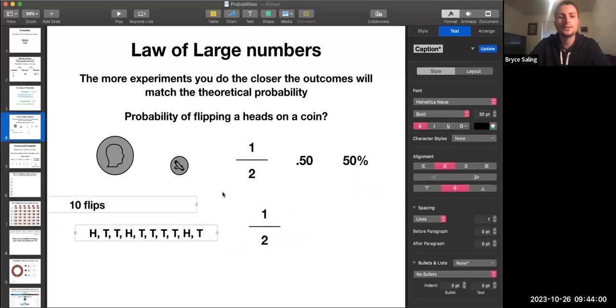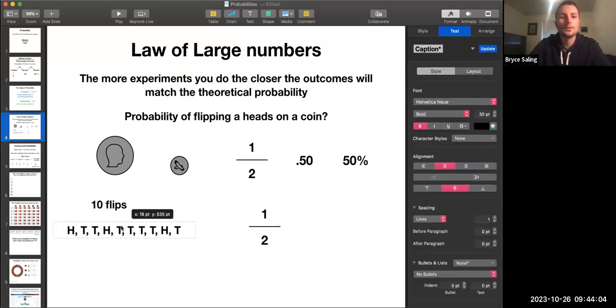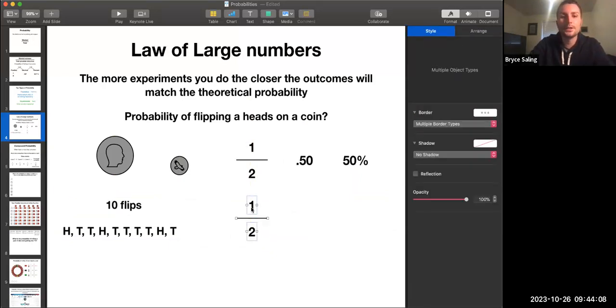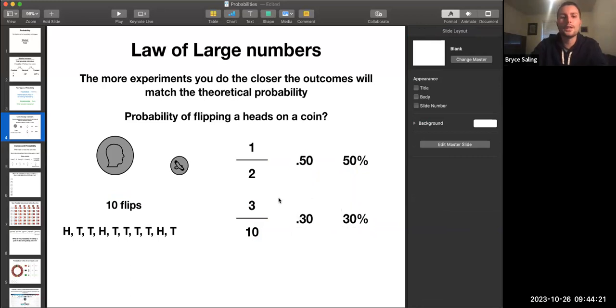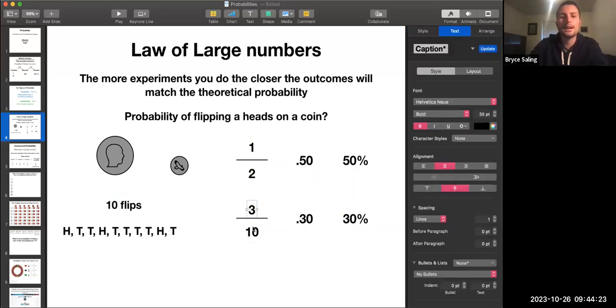Let me center this. We got 3 out of 10 when we actually flipped it, which is going to be 0.30 as a decimal, or 30%. So our experimental probability did not match up with our theoretical with 10 flips.